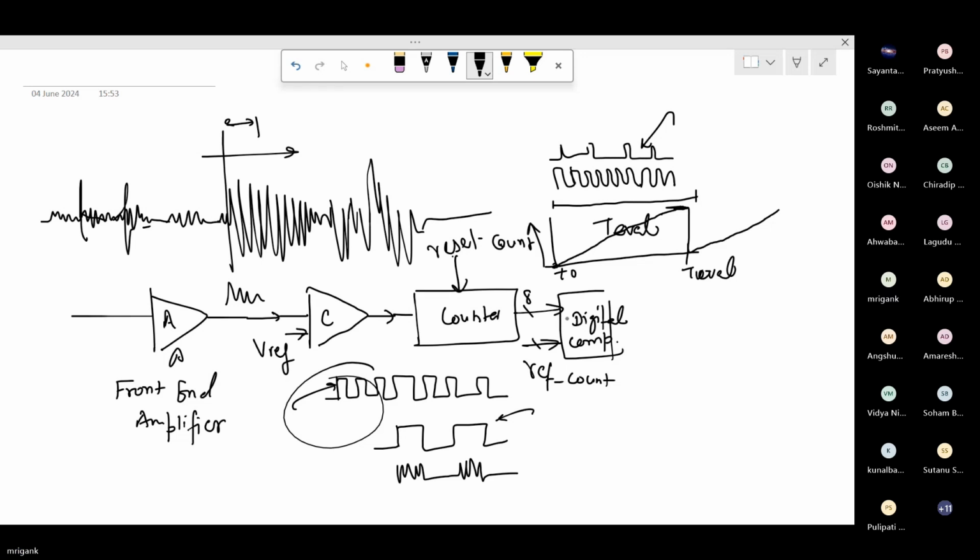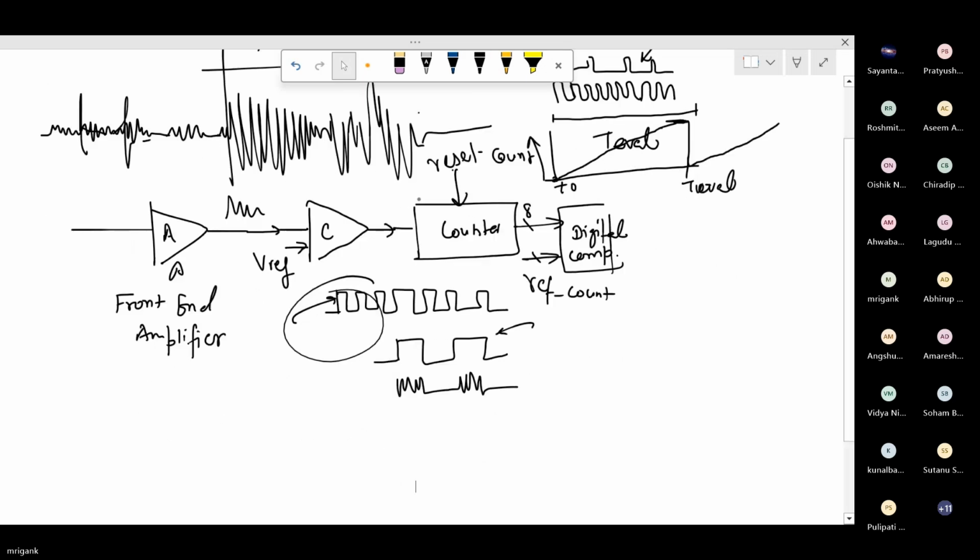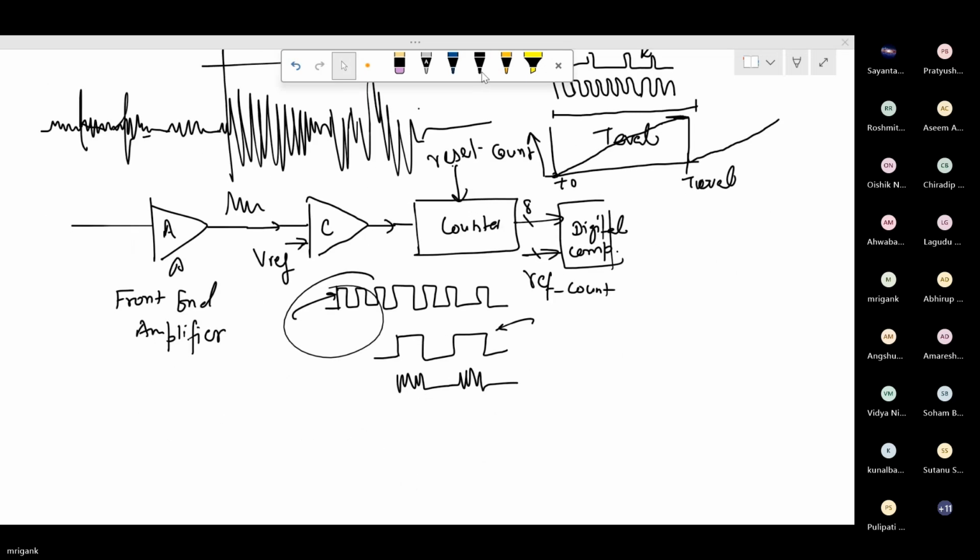What will decide that? 4-bit, 5-bit, 8-bit. What is the number of bits? Anybody? How will you decide the number of bits?